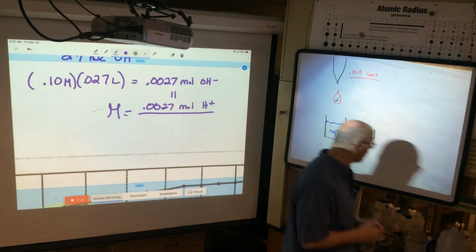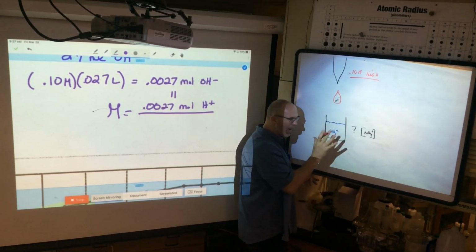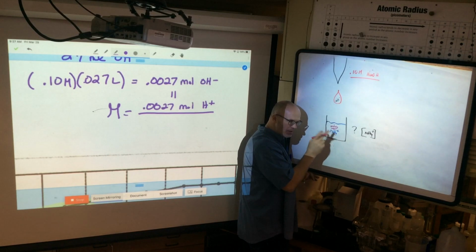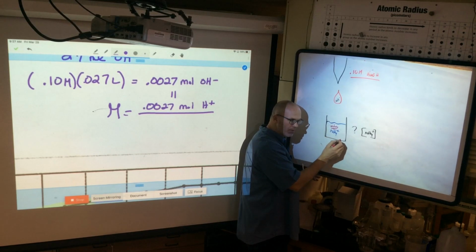Okay, party people, we dropped 27 milliliters to find a certain number of moles of this. I want to know the concentration. Part one is the concentration of the initial beaker.